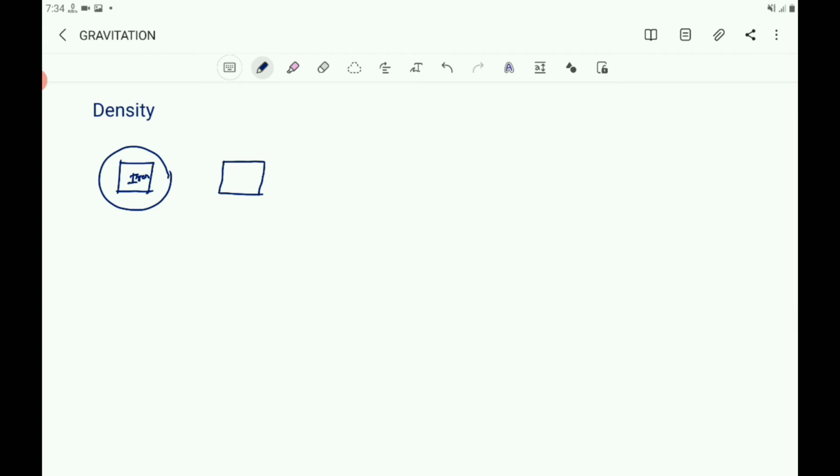So, if you want to find the weight of both, you know that the iron bar will have more weight. The weight of the iron bar is more than the weight of the cotton piece, even though they have the same area.